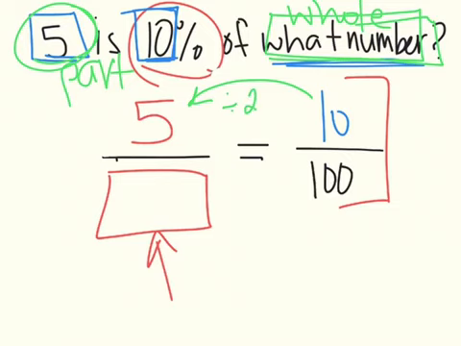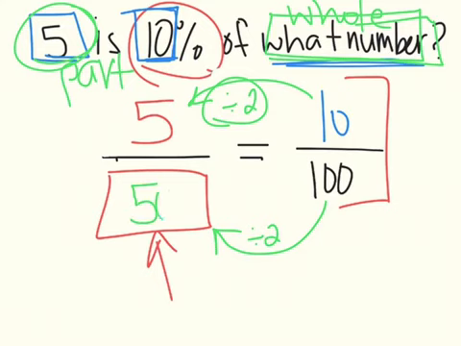I would divide it by 2. Same thing down here, because whatever I do to the top, I have to do to the bottom. So I have to make sure I'm doing the same operation on both top and bottom. Because I divided by 2 on the top, I'm now going to divide by 2 on the bottom. 100 divided by 2 is 50. So I know that 5 is 10% of 50.